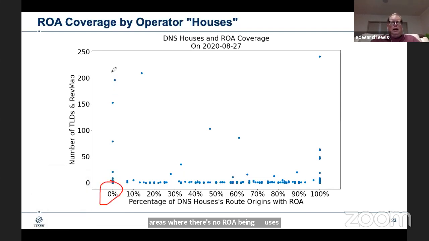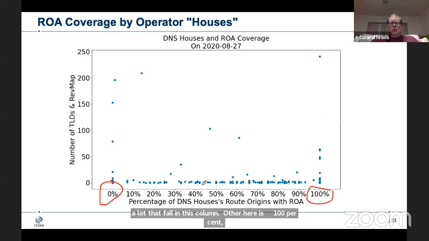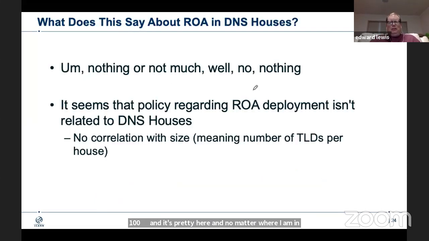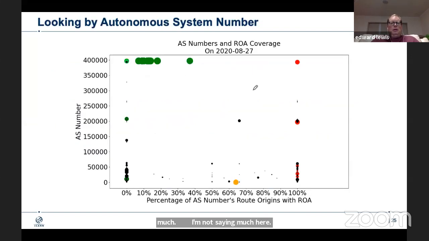And you see that there's a lot that fall in this column. Over here is 100%. These are the ones that do every route is in there. But in between is a range. It goes from 0 to 100. And it's pretty flat here. And no matter where I am on my chart, I don't see anything that's really telling me much. There's interesting other things in there, but not much about this.